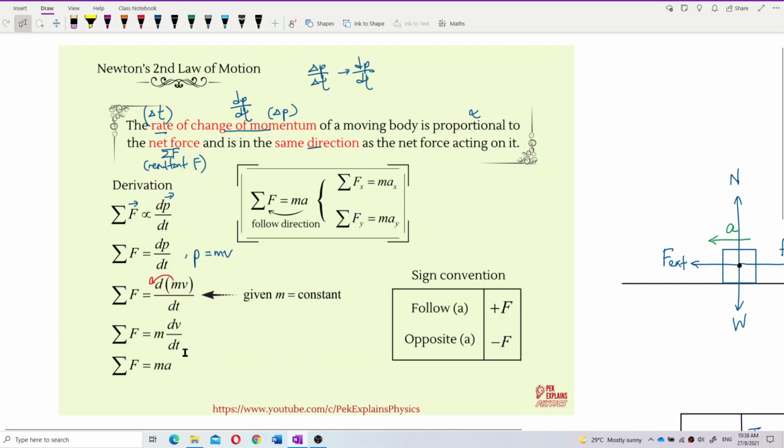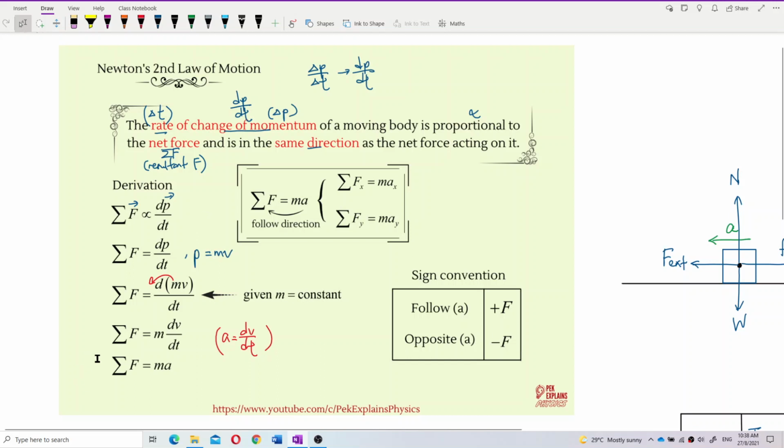So dv over dt gives us acceleration, because differentiating velocity with time gives acceleration, or we can say acceleration is the gradient of the velocity-time graph. So dv over dt becomes a.